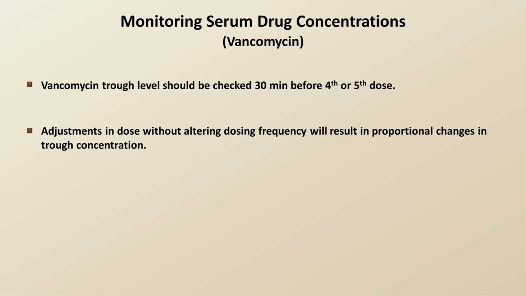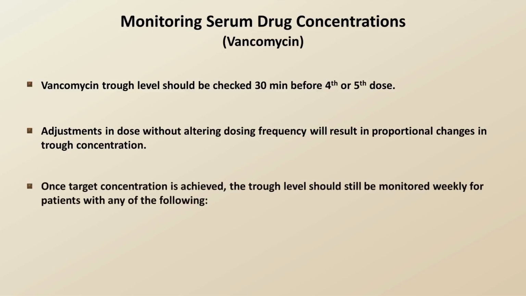For example, imagine a patient on 1,000 milligrams Q12 who has a target trough of 15 to 20, but whose measured trough level is only 10. To achieve a target of at least 15, one would need to increase the dose to 1500 mg Q12.